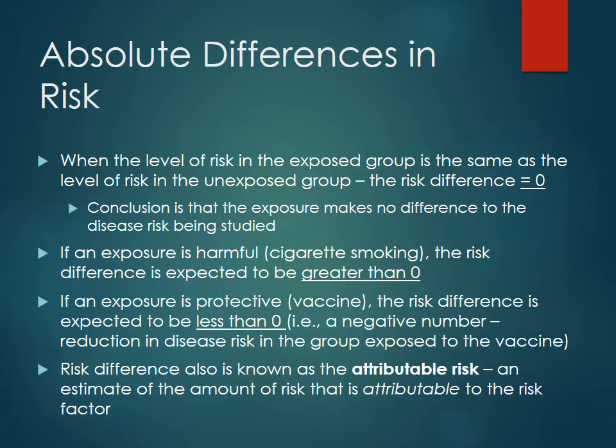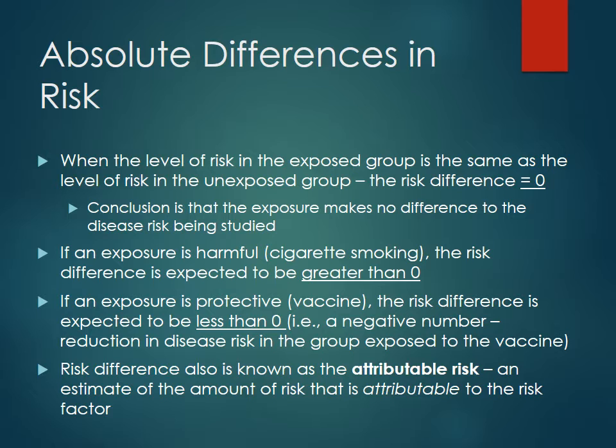And if an exposure is harmful, such as cigarette smoking, the risk difference is expected to be greater than 0, right? Because if I was looking at patients who smoked versus those that did not smoke and looking at death, I would expect the risk in the smoker group to be higher, and lower in your non-exposed group. And so you subtract one from the other, should be greater than 0, right?